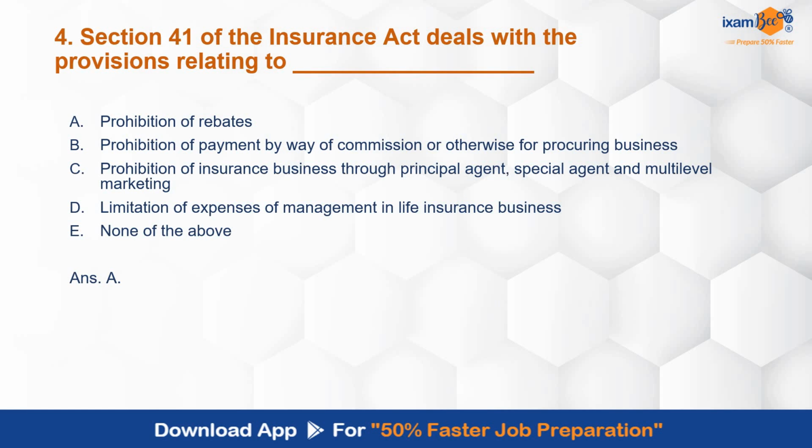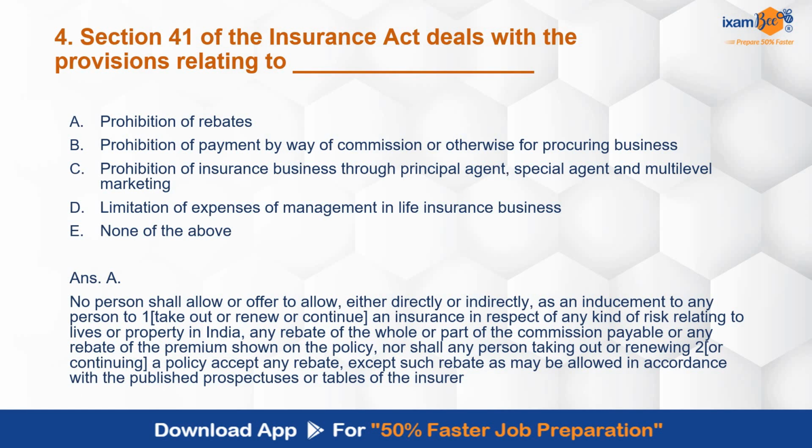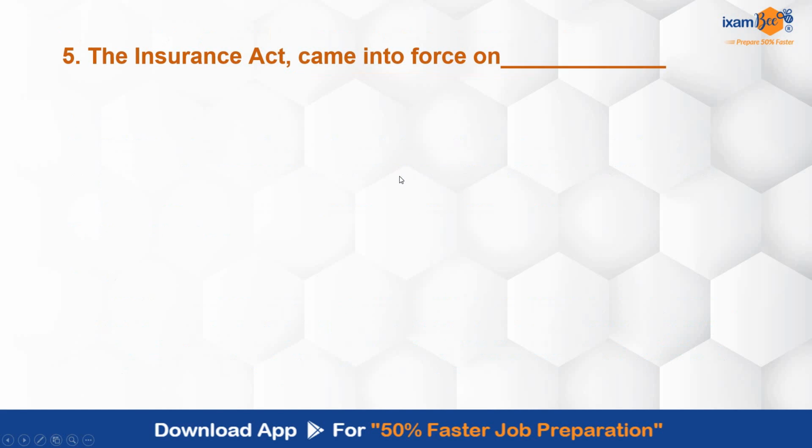Correct answer over here is A. No person shall allow or offer to allow either directly or indirectly as an inducement to any person to take out or renew or continue an insurance in respect of any kind of risk relating to lives or properties in India, any rebate of the whole or part of the commission payable, or any rebate of the premium shown on the policy. Nor shall any person taking out or renewing or continuing a policy accept any rebate. So this is the provision which is talking about prohibition of rebates, section 41 of the Insurance Act.